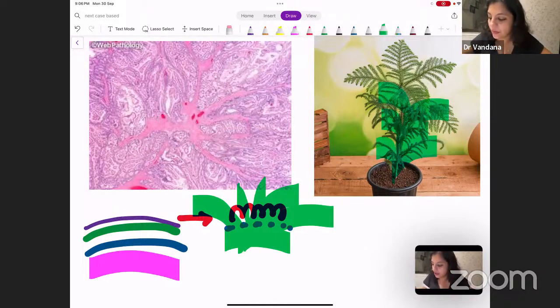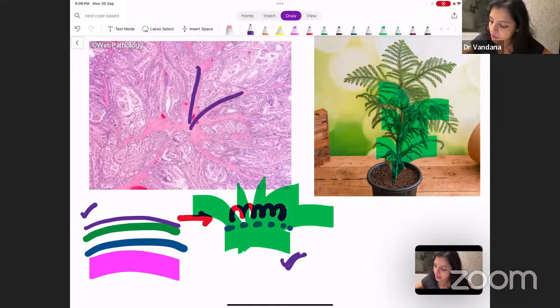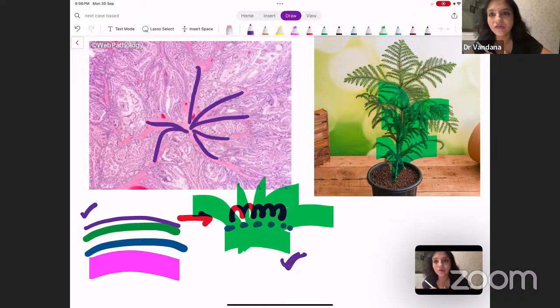This kind of polyp is a hamartomatous polyp, because normally it should be arranged like this, but here the arrangement of the muscle and the lamina propria has become altered. When you see muscle and lamina propria dividing inside the polyp, this is a hamartomatous polyp. Everybody clear with this?